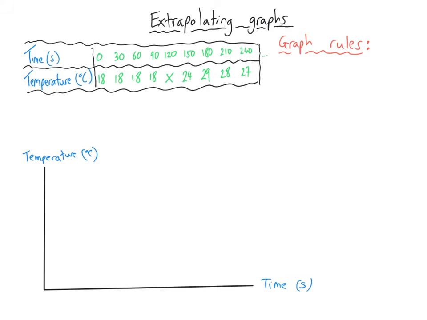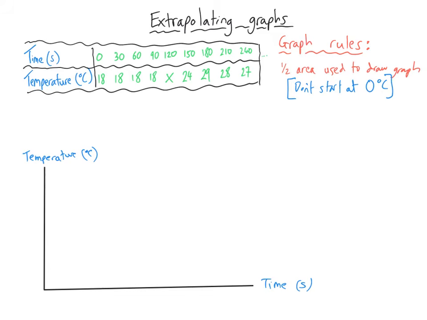The mark schemes for graphs always have certain requirements, and the number one is that half of the area that you've been presented with is used to draw the graph. And this means that if this was the area on here, we would need to make sure that we used half of the paper as an absolute minimum. And the way to get around this, first of all, in a temperature against time graph, is to not start at 0.